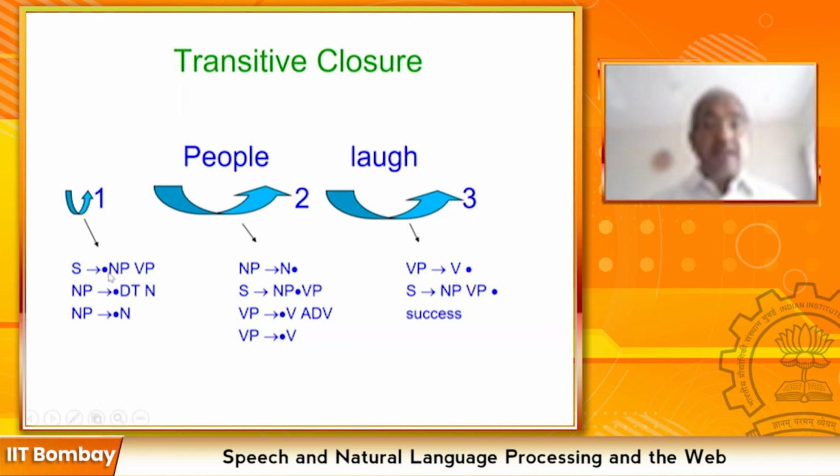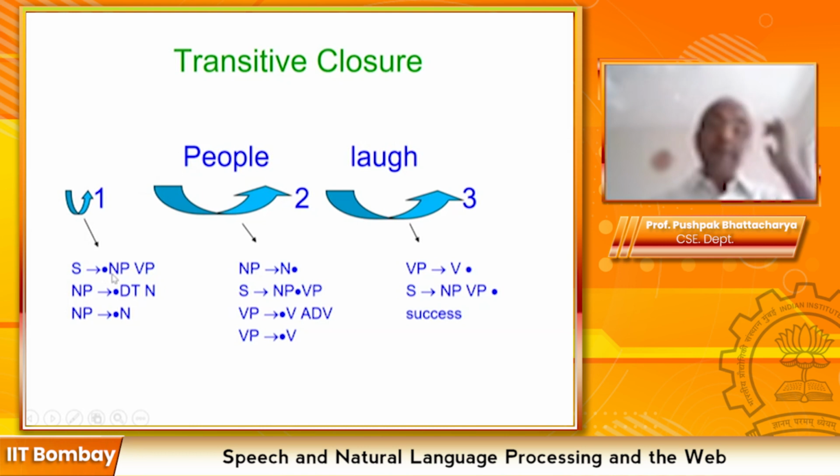Now, dot is telling me I need to find out a noun phrase. Finding out noun phrase is amounting to finding out a DT and N, or simply an N. So to complete the work of NP, you have to find DT first. So that's why dot is before DT, and dot is also before N. Okay, so what I have done is I have expanded NP into DT N and N. This is nothing but top-down parsing.